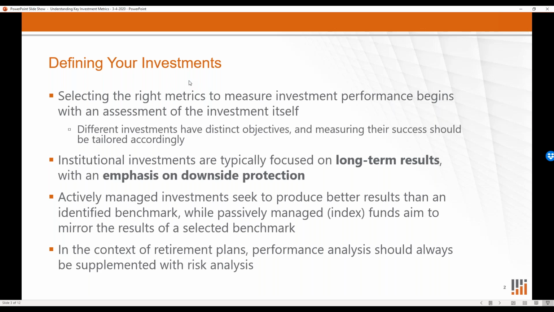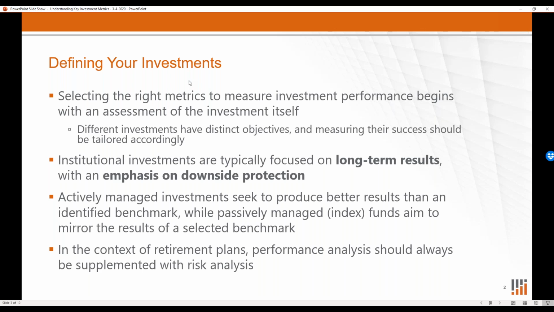Taking that a little further, it's important to first define what type of fund you are analyzing, and second, once that's been accomplished, properly determine and align the key metrics to be emphasized. Then, probably most critical, is to add the proper perspective to your fund analysis.